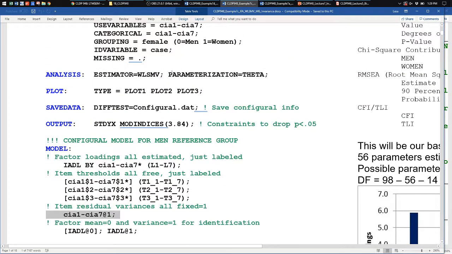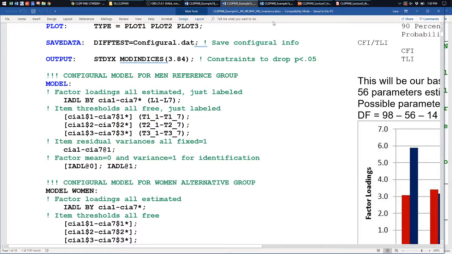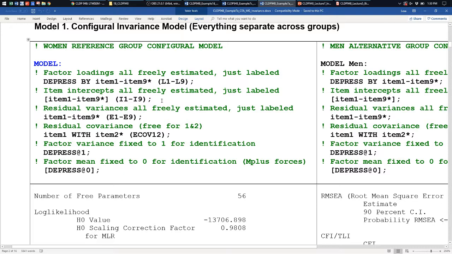That is what the parameterization equals theta means. It's like a probit model where the variance is fixed to 1 in both the reference group and the alternative group. So just to recap, in the world of CFA, you have intercepts and you have estimated residual variances.